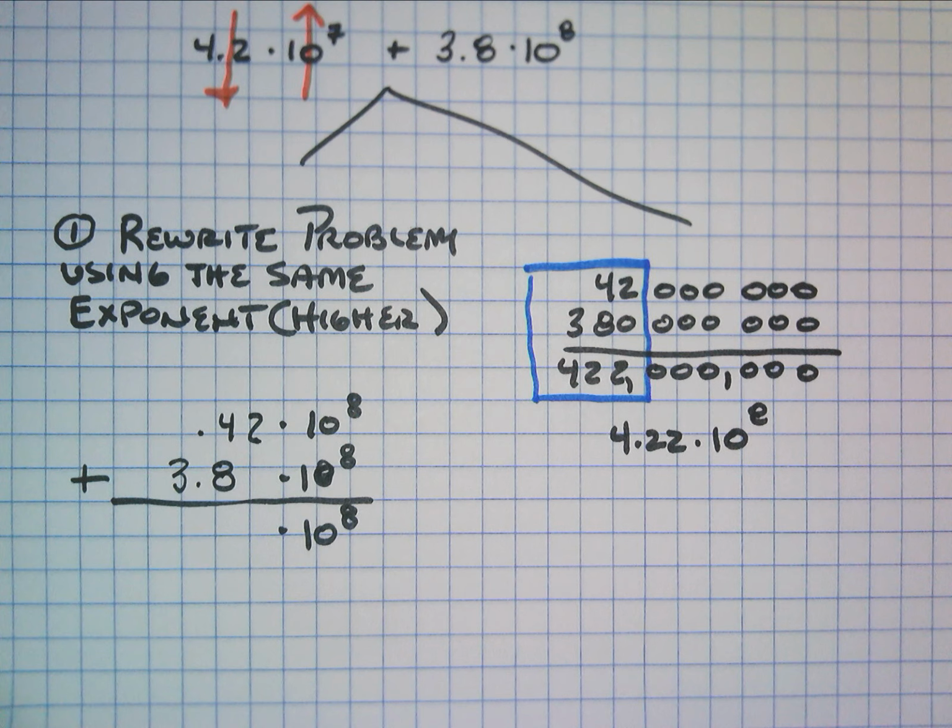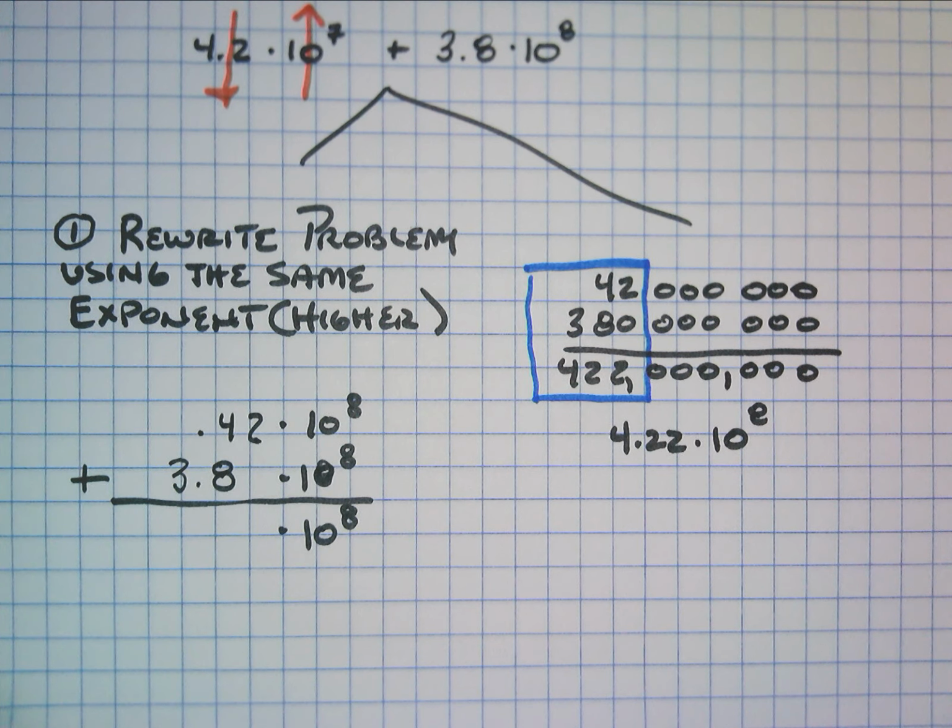When I rewrite the problem, I've got to get my numbers to line up the same way, and that's exactly what I just did. And I maintained the problem as a scientific notation problem.